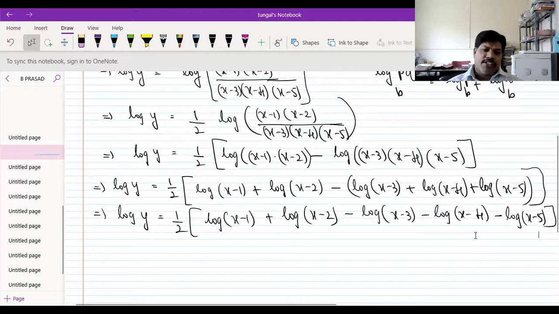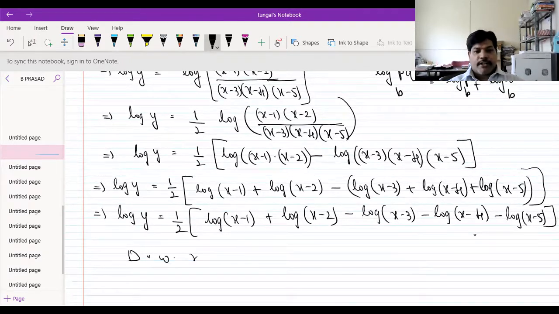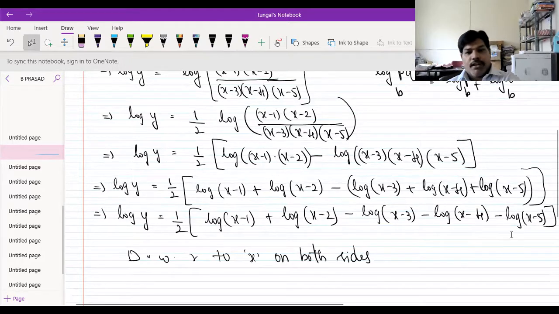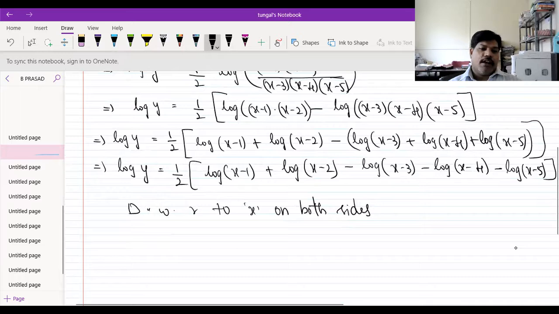So next I will differentiate that one. Differentiate with respect to x on both the sides. So what happens, students, if we apply the differentiation on both the sides?